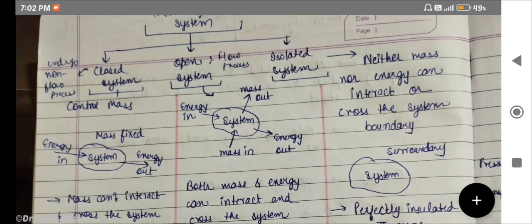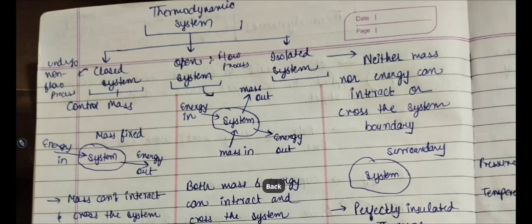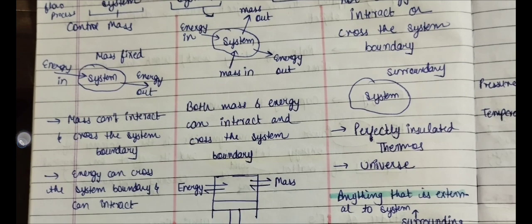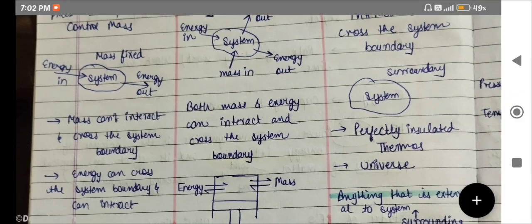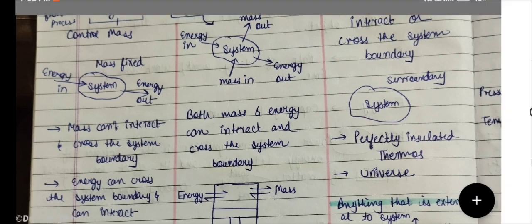Now we have the closed system. A closed system undergoes a non-flow process and follows the control mass approach, meaning we are focusing on a particular quantity of matter. Here is the system. Energy can enter and leave or interact, but mass is fixed. Mass cannot cross the system boundary.